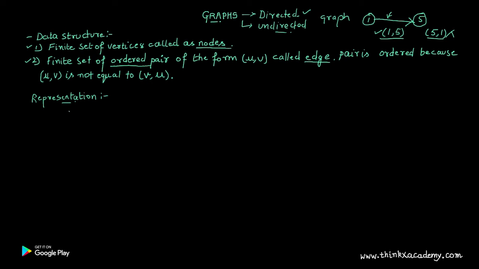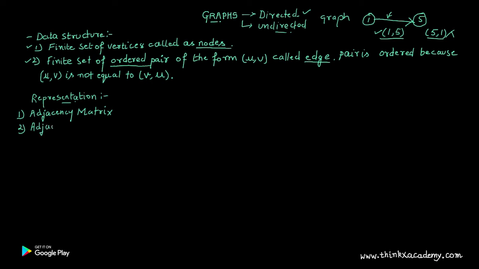There are basically two ways to represent graphs. Number one is using an adjacency matrix. And number two is the adjacency list.